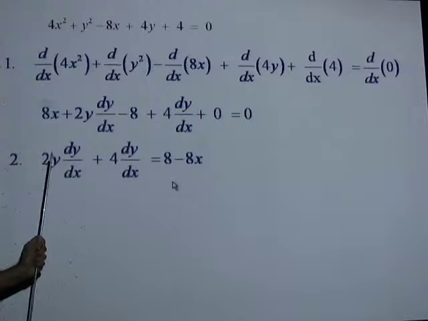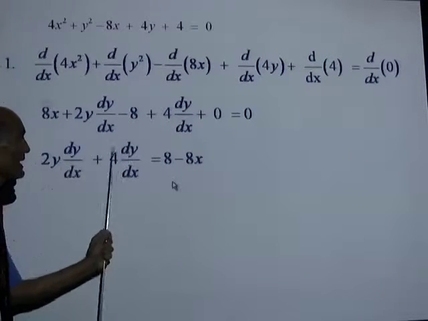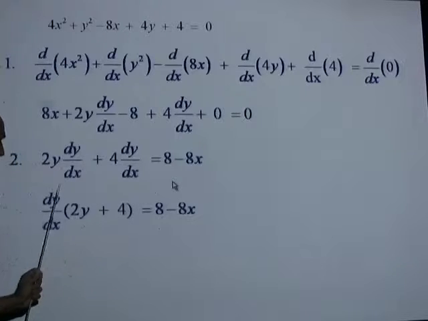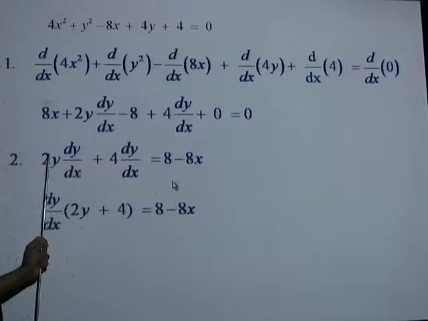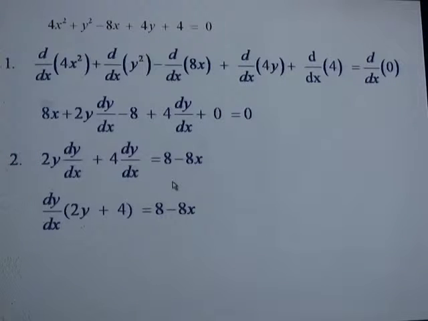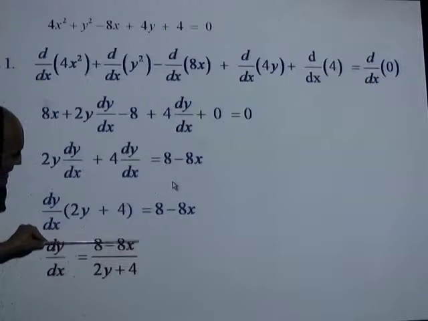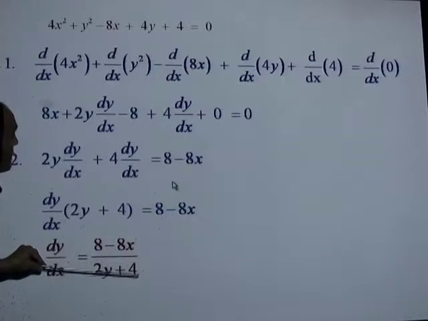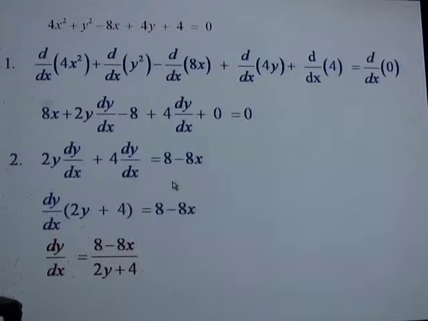Now, what's the next step? Factor out dy by dx. That will be dy by dx times 2y plus 4 equal to 8 minus 8x. And therefore, dy by dx equal to 8 minus 8x divided by 2y plus 4.